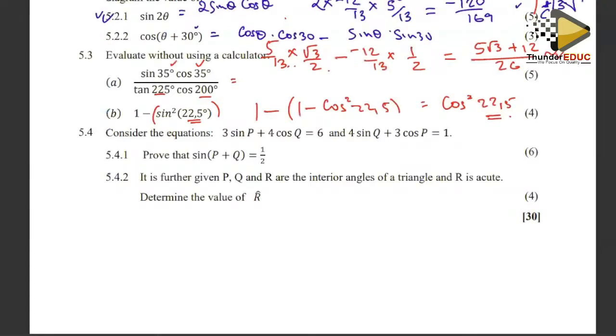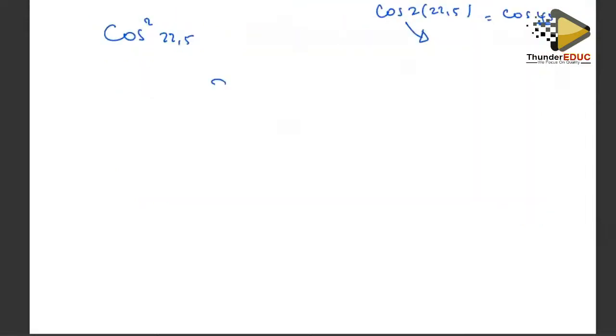Did we do the right thing here? We said 1 minus. Isn't that wrong? Because we said sine squared is the same as 1 minus, and then that is cos squared. It's okay. Meaning that we have 2 cos squared of 22,5 minus 1, and this needs to be the cos of 45.